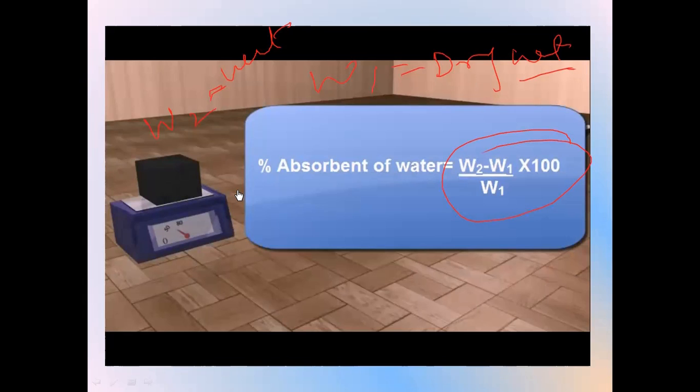That difference is the weight of the water absorbed by the stone. For the percentage, the difference, W2 minus W1, is divided by W1, the dry weight of the stone, and multiplied by 100, which gives the percentage of water absorbed by the stone.